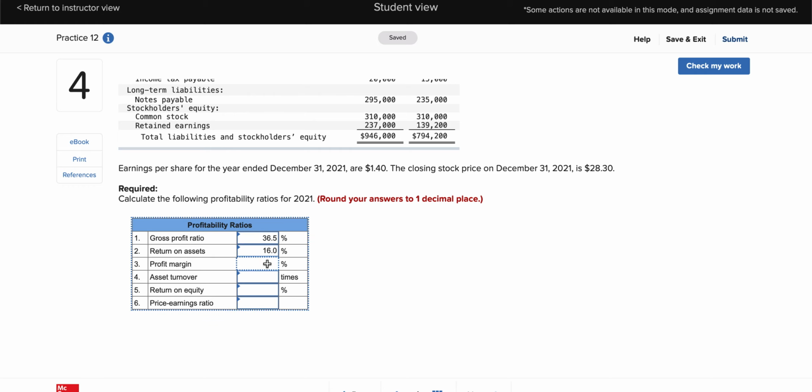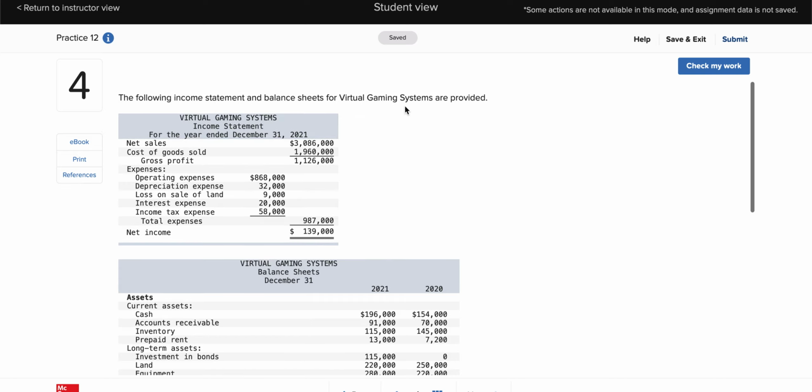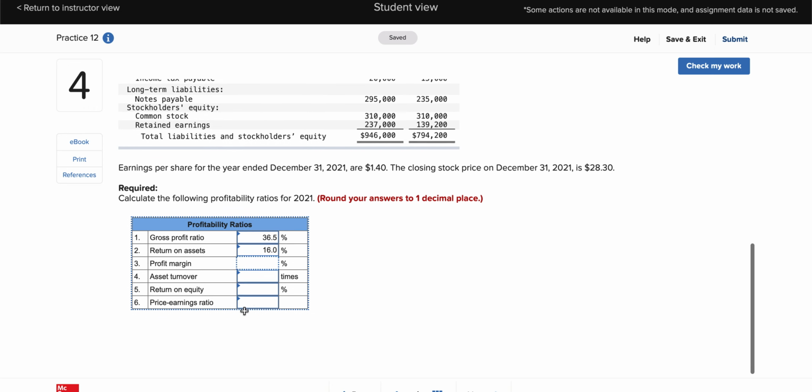The profit margin, I am taking the 139 and dividing it by 3,086,000. That gives me 4.5%, which basically says out of every dollar in sales money that I receive from my customer, my net income, I get to keep 4.5 pennies. So 4.5 cents on every dollar stays in the company as a part of net income.